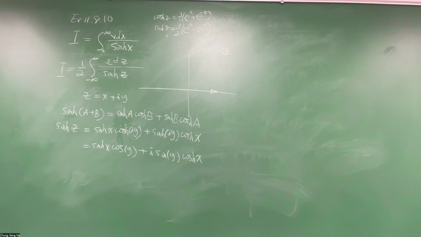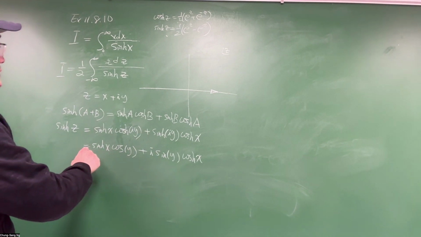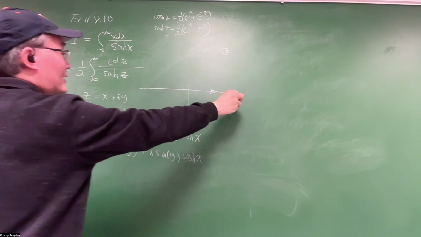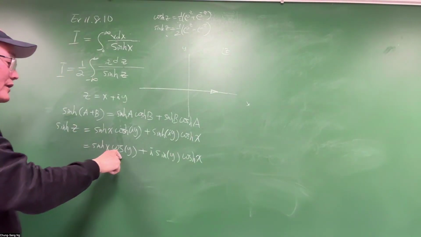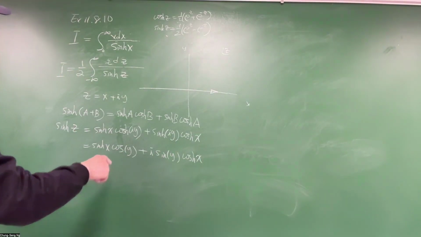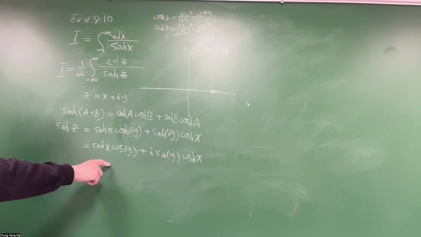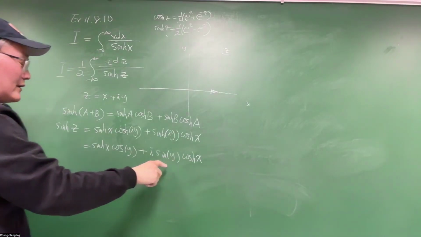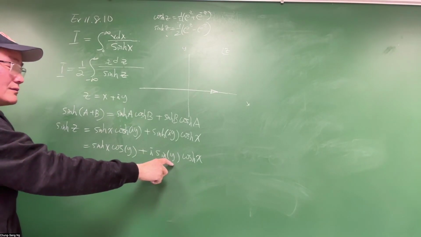The way we try to do it is to choose a y value such that the sinh is back to just a sinh, or proportional to sinh. The obvious choice is so that sine y is 0.